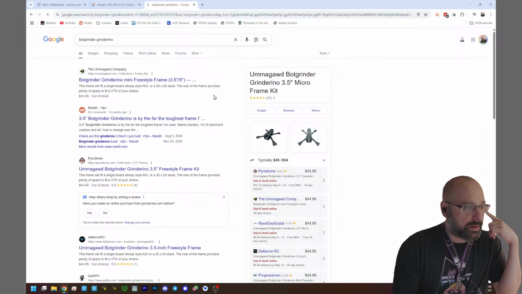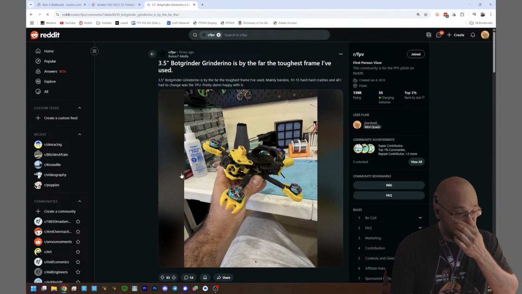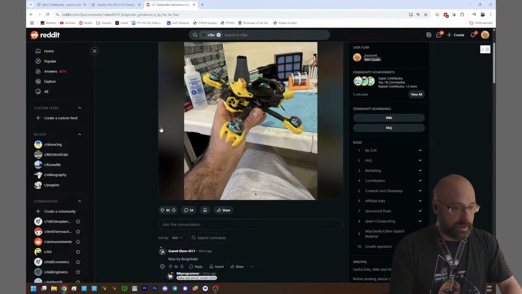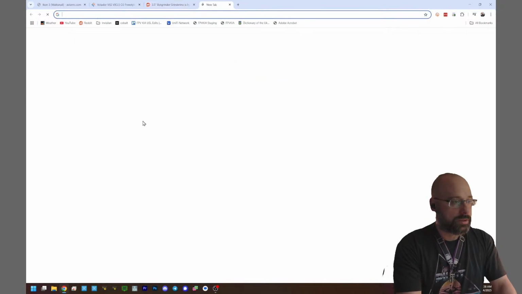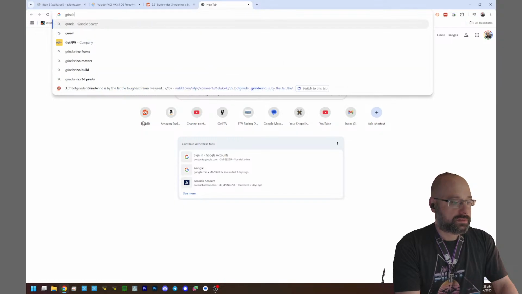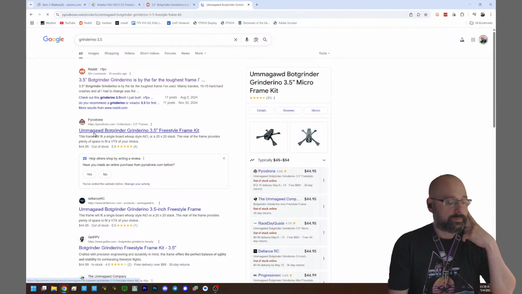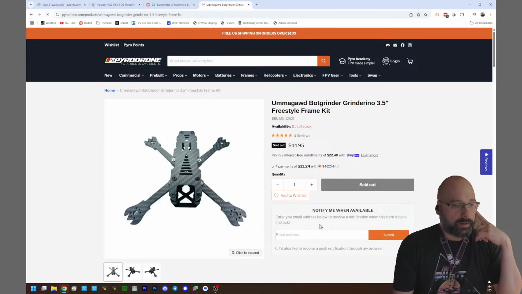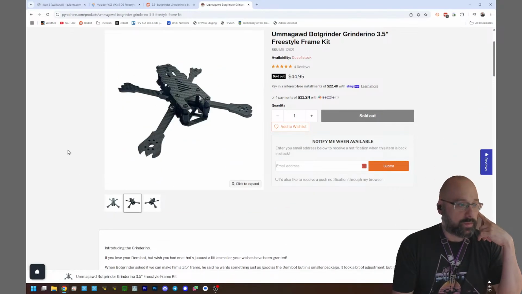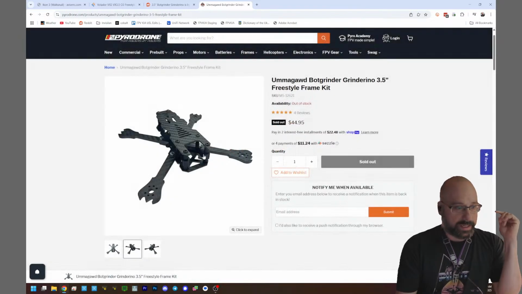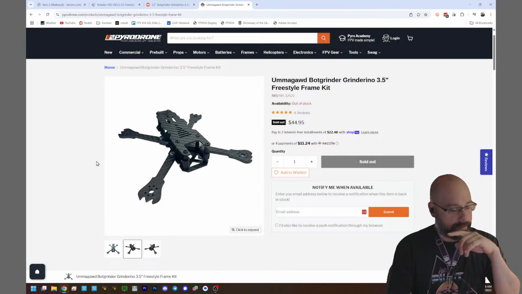Whenever I think durable frame, if you're talking durable, what about something specifically designed to be a Bando Basher? What about the Grinder Reno 3.5? Botgrinder's Grinder frame is well known as an ultra durable 5-inch, and the Grinder Reno is designed to be an ultra durable 3.5-inch.